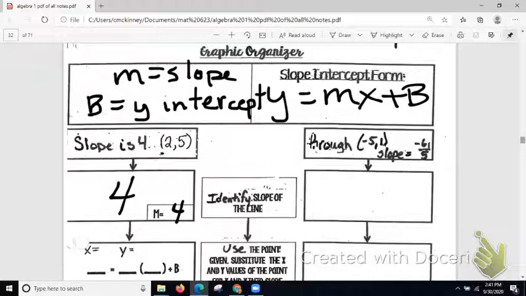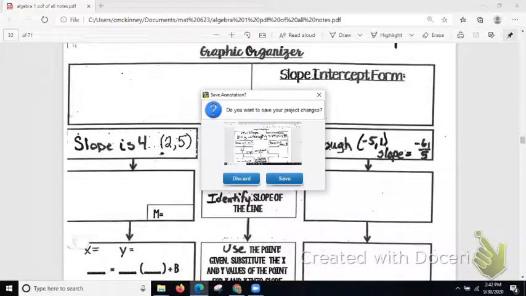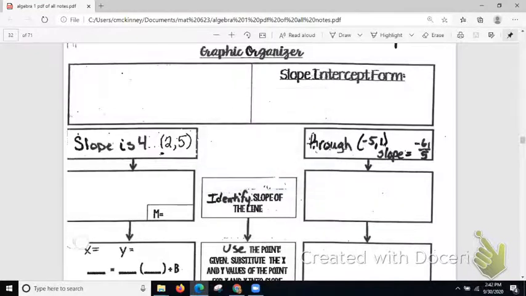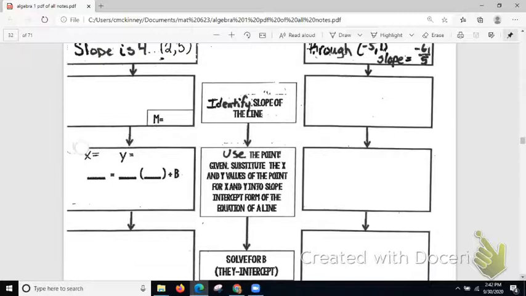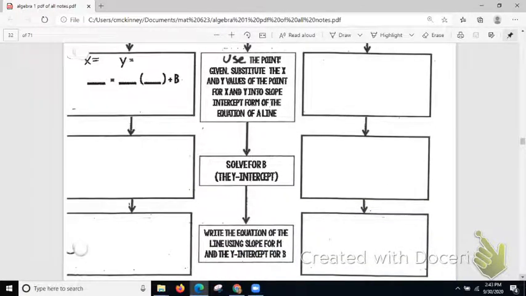So I'm going to have to slide my page down. We know the slope is 4, and that point is 2, 5. So the point was 2, 5, and the slope, the m, was 4.